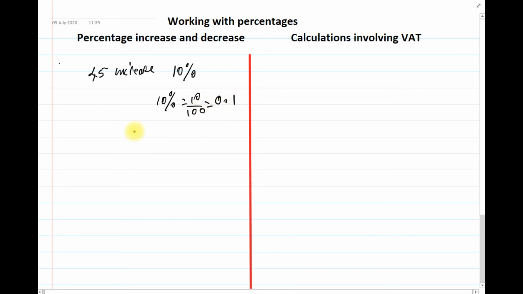So the final price would be 45 times 1.1. This would be 49.5.